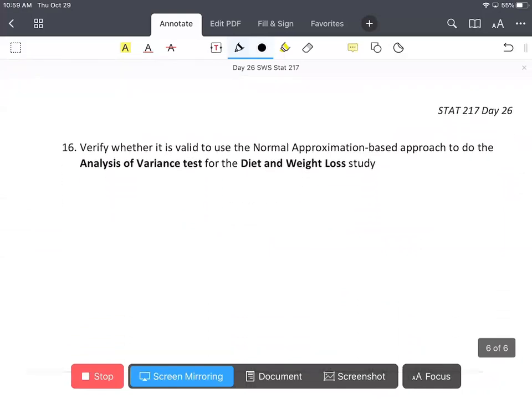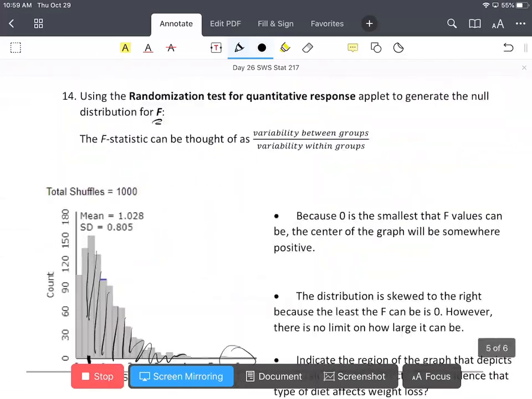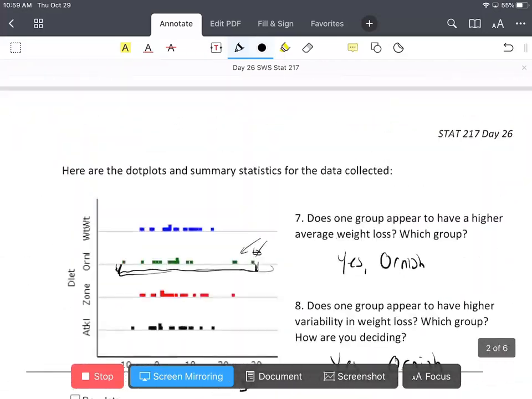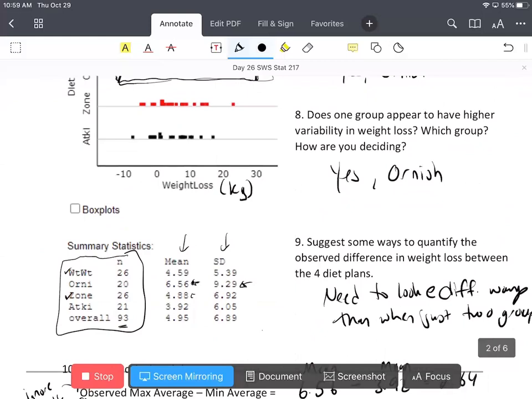So we come down to finally here, verify whether we can use the normal approximation. Well, are each of our samples greater than 20? So close your eyes if you get motion sick. I'm going back up. Let's look back up here at our sample. Are all of our samples at least 20?